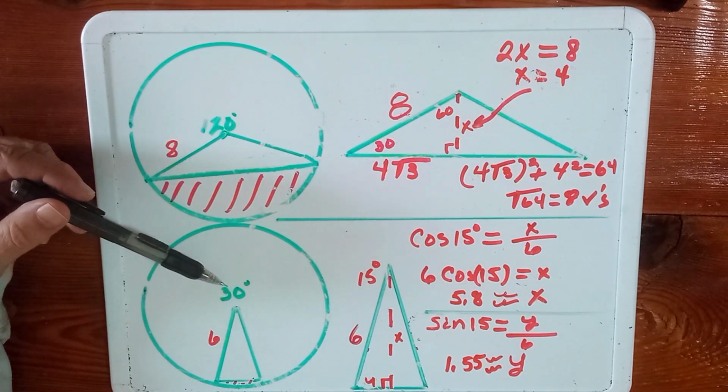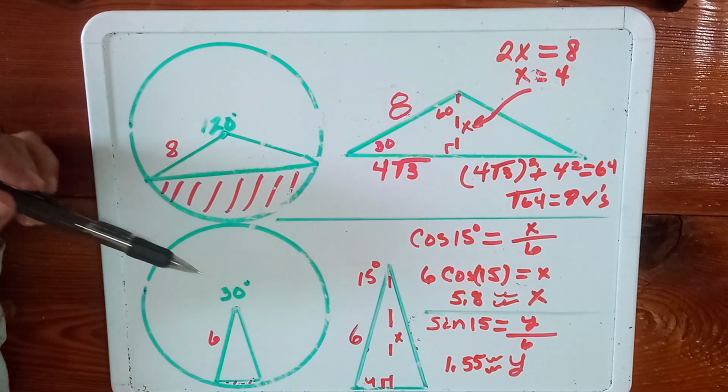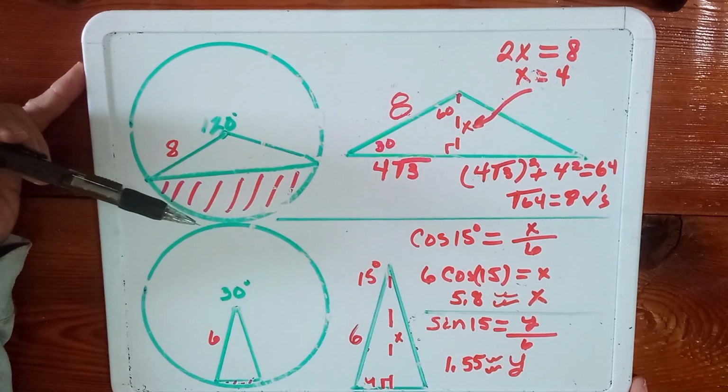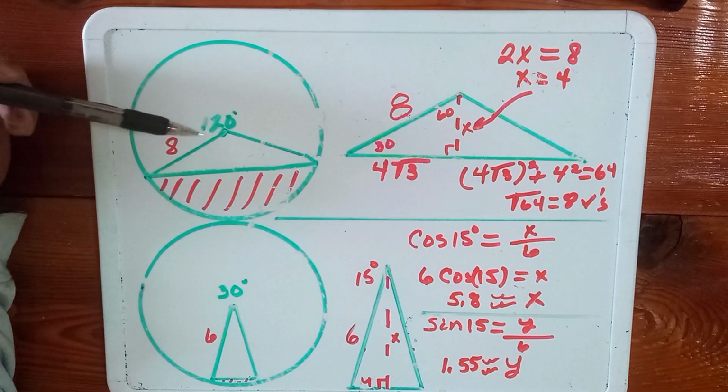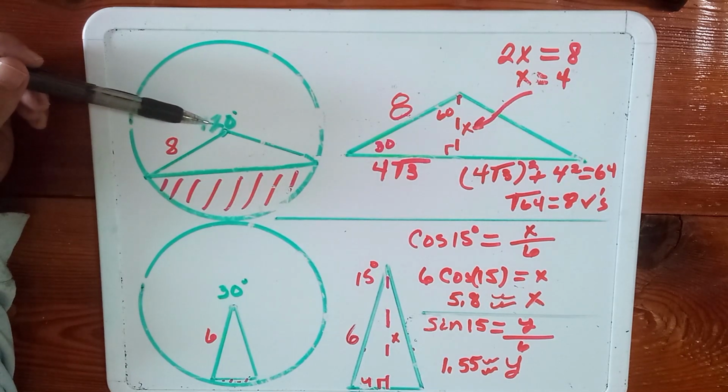But let's use a good example here of something that may occur, and that is, how about a 120-degree central angle? Well, you can say, how's that going to help me knowing the special triangle relationships?